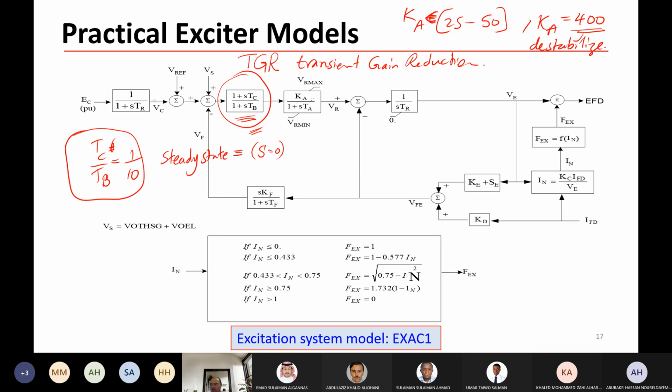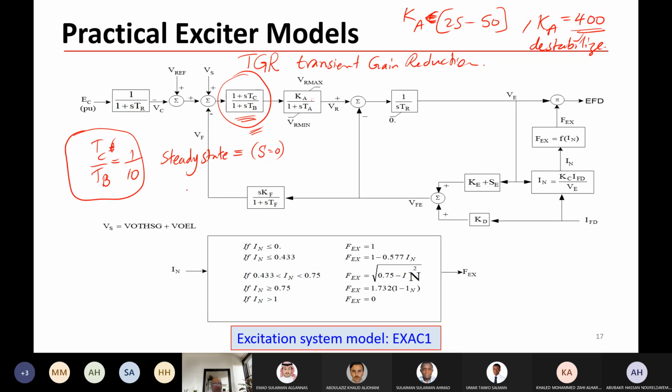There is no frequency, no oscillation. S equals 0. This is at steady state. So at steady state, S is equal to 0, so the gain here is 1. So this block will not have any impact on the system at steady state.